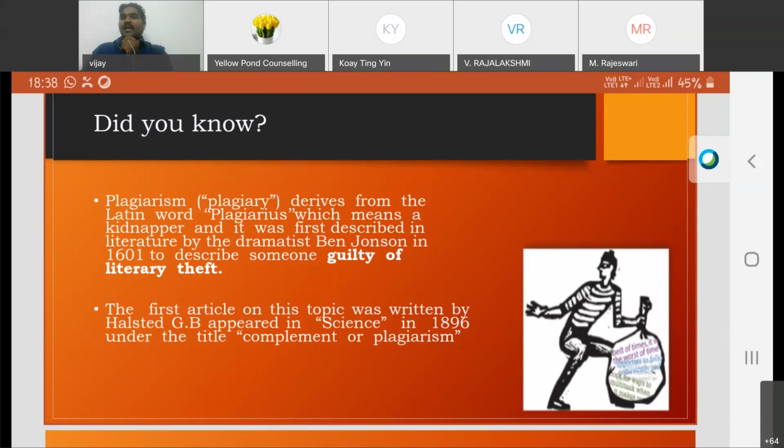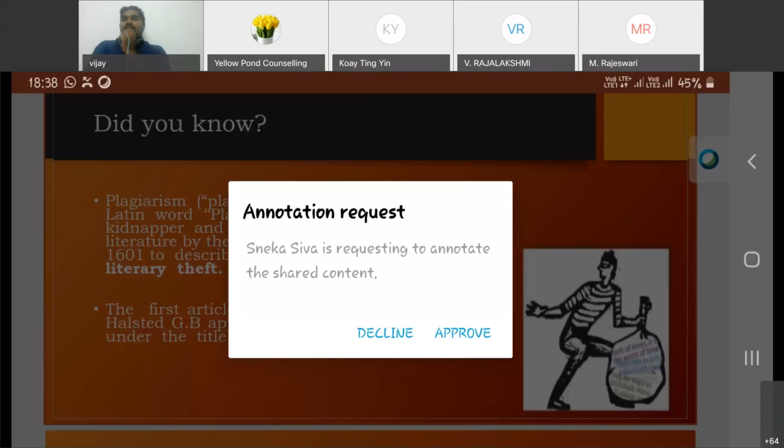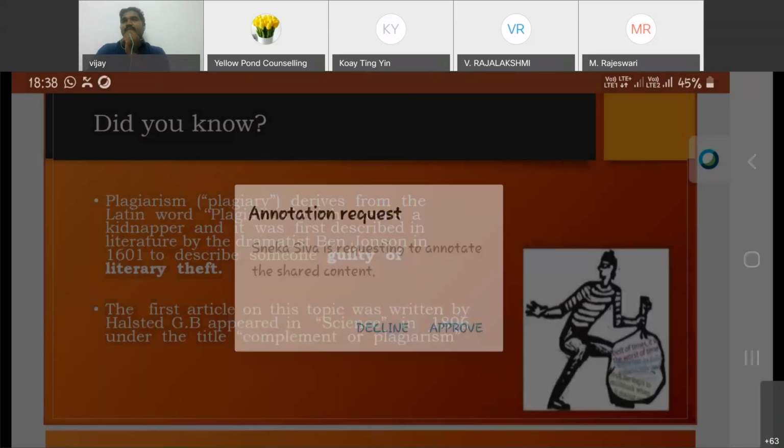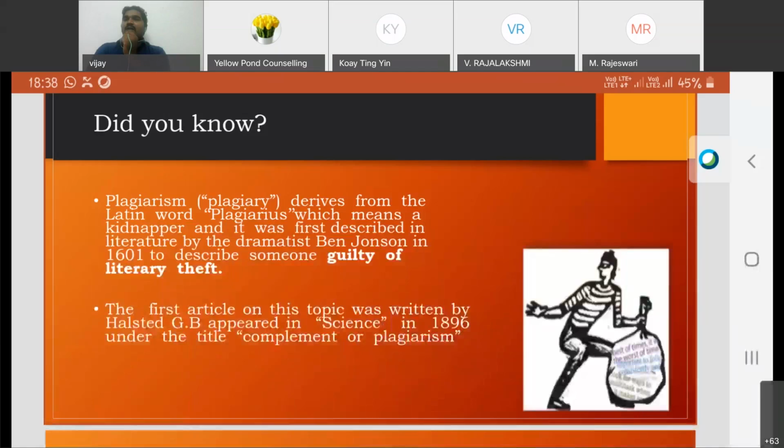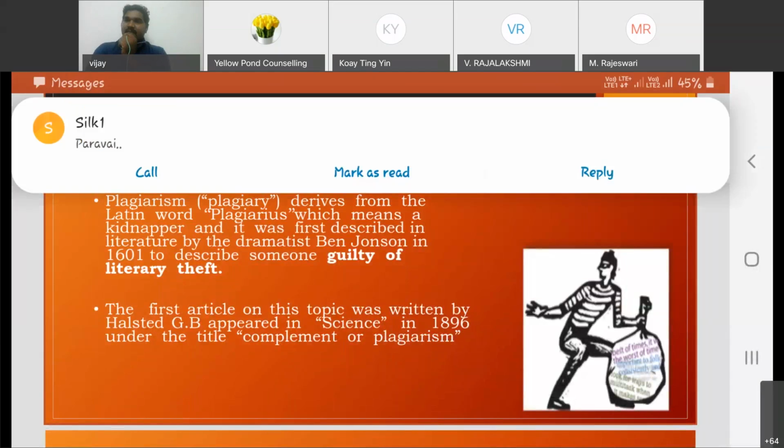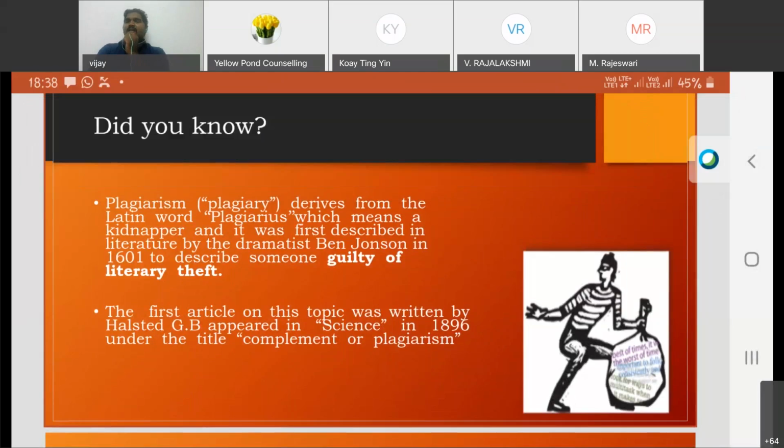Then in the 18th century, Hoster published the first article regarding plagiarism. The name of the article is A Compliment or Plagiarism. There are more than 100 articles published under this title, but this is the first one, according to my knowledge.